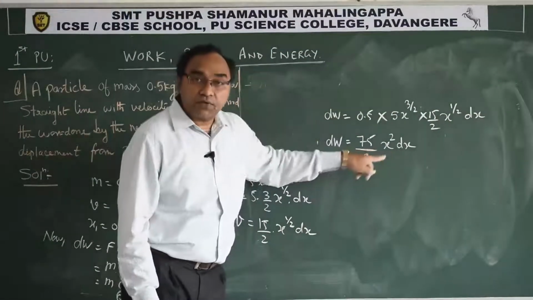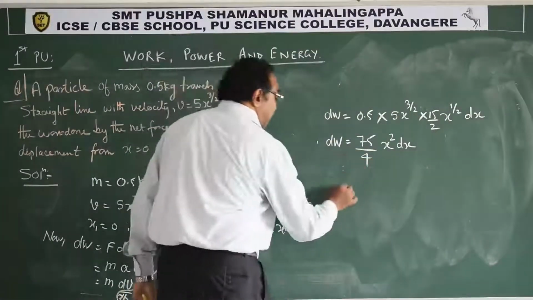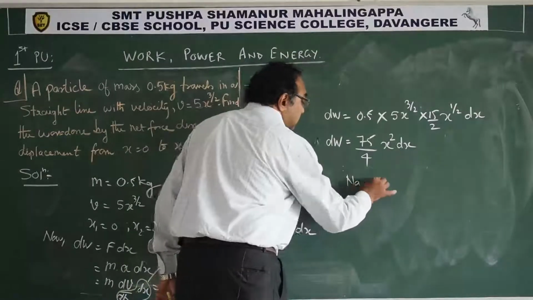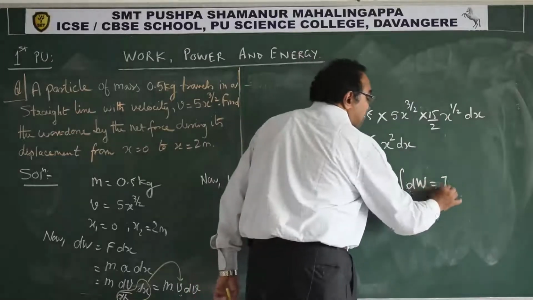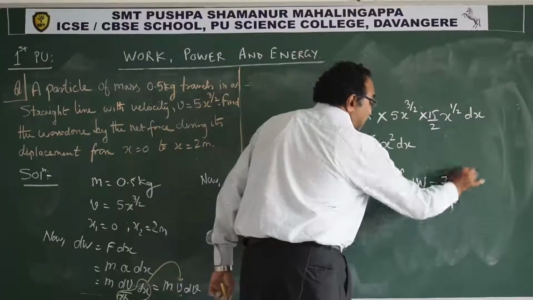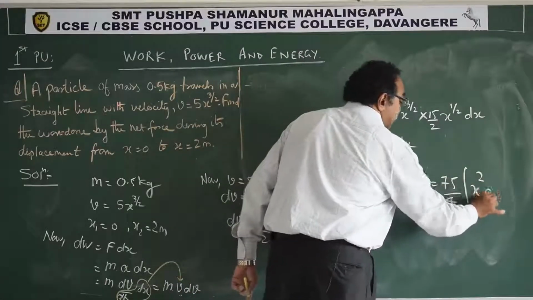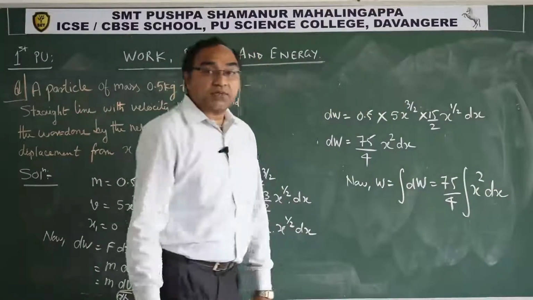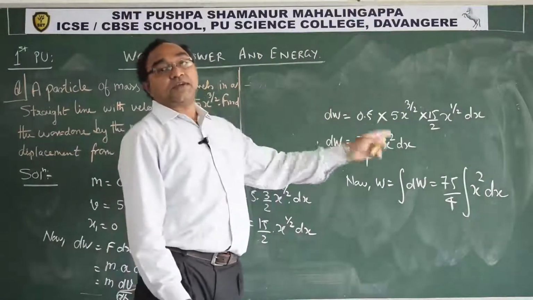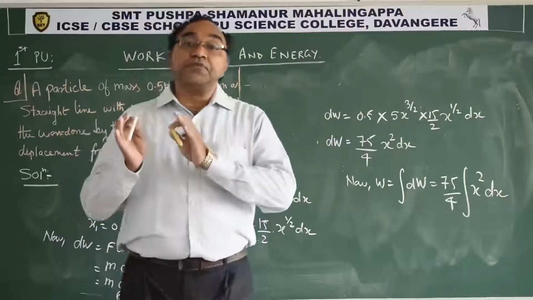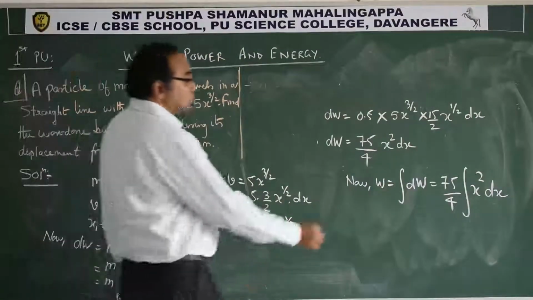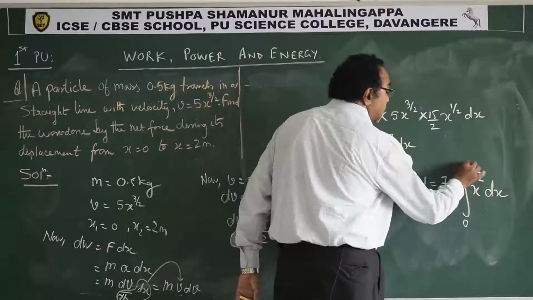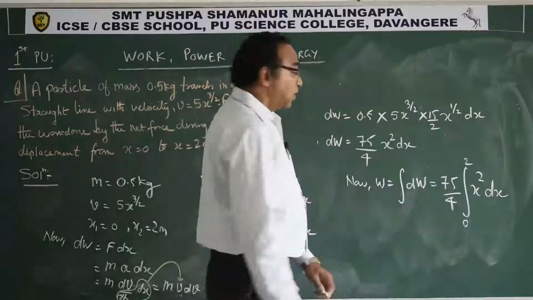See, now we can integrate. So on integrating, W is integration of dW. So that is 75 by 4 integration of x square dx. So the question arises, what is the limit? The limit of the integration is the displacement, which is given as from 0 to 2. So you will write this as from 0 to 2. So what we get this as?